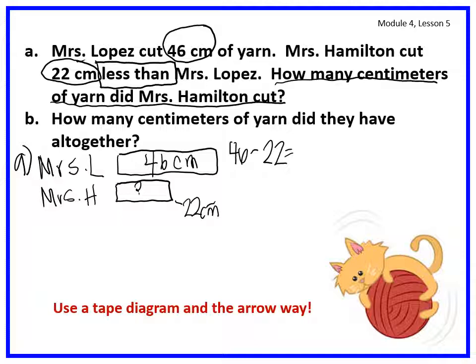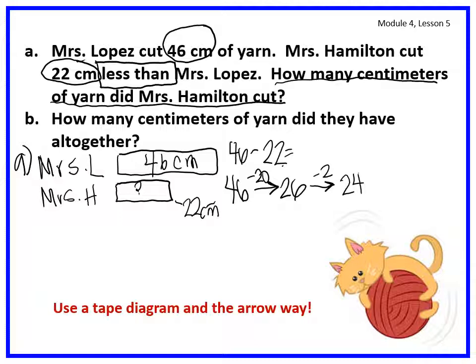equals what? So if I do my arrow way, I start at 46 and I take away 20. That gives me 26. Then I still need to take away the remaining 2 equals 24.